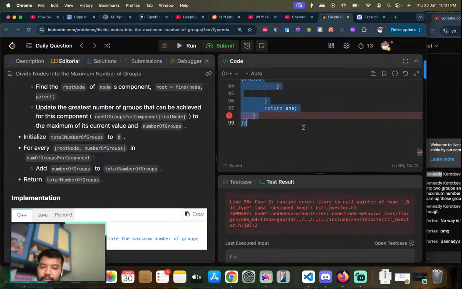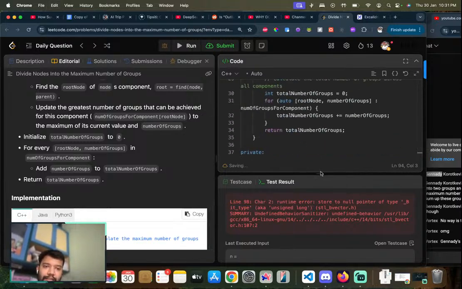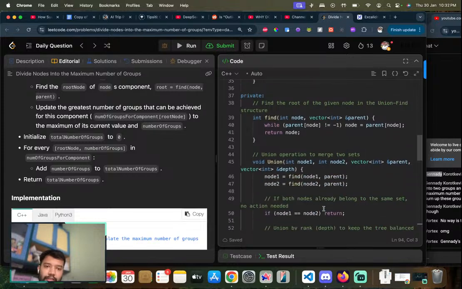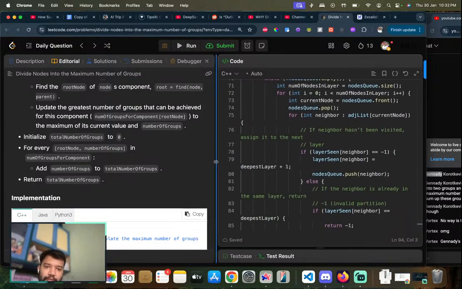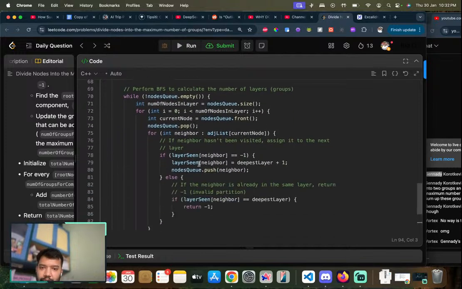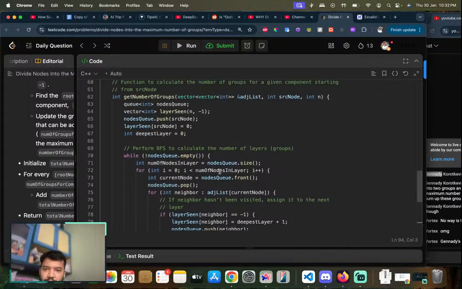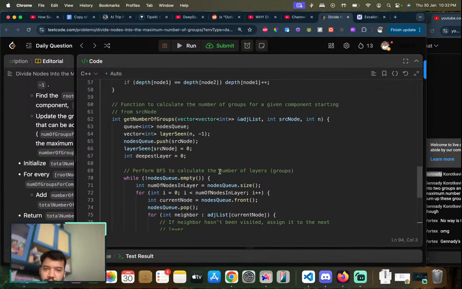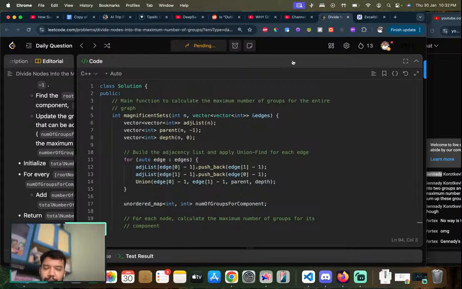Similar logic, they added one more step where they checked that in one group there should not be a deepest layer. They did that.